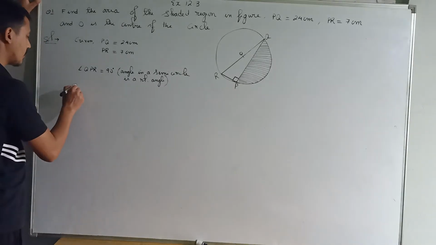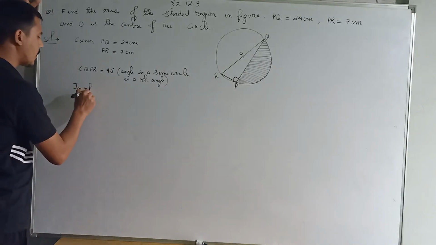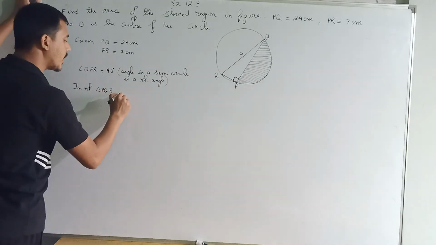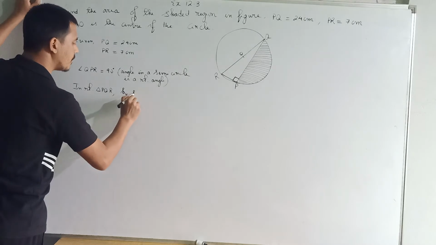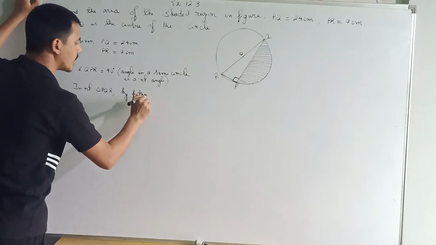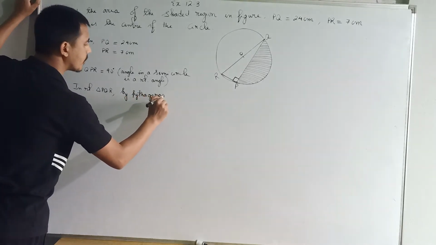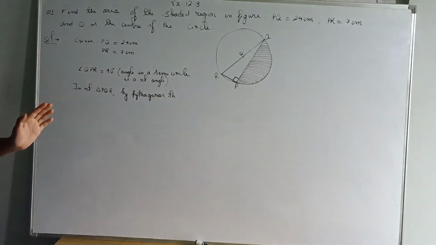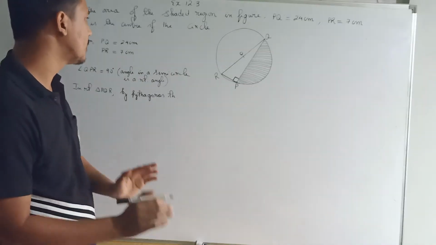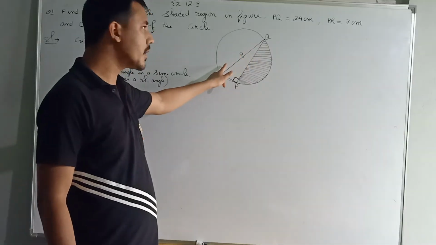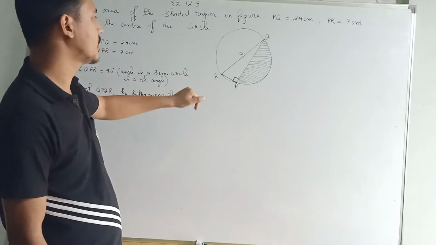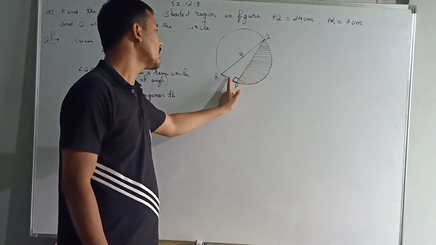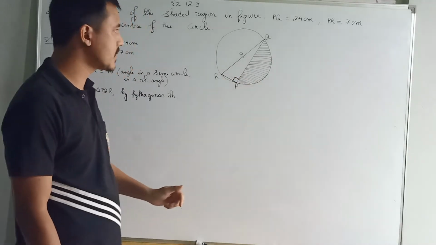So in right triangle PQR, by applying Pythagoras theorem, which states that in a right triangle, the square on the hypotenuse is always equal to the sum of squares on the other two sides.